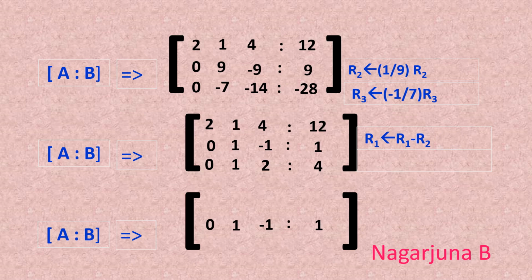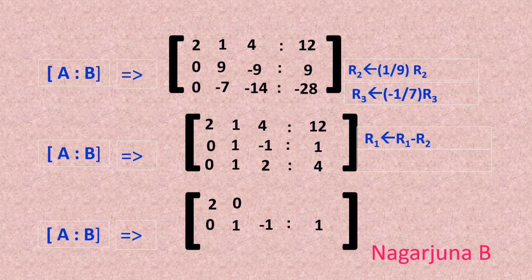So R1 first element is 2 minus R2 first element is 0. 2 minus 0, 2. And next, R1 second element is 1 minus 1 into R2 second element is 1. So minus 1 into 1 will be minus 1. 1 minus 1, 0. Then next, third element of R1 is 4 minus 1 into R2 element is minus 1.